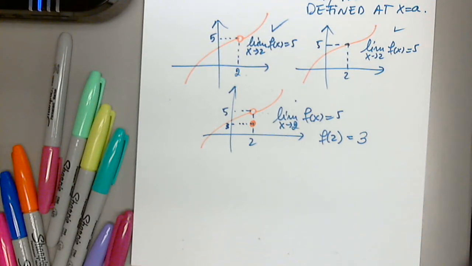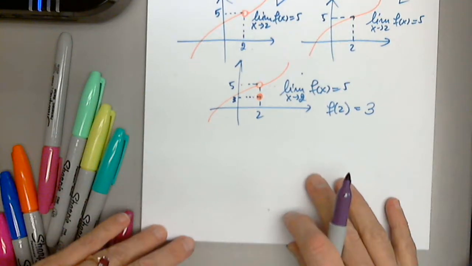Now, I would like to graph another piecewise defined function and answer some questions about limits. Is that okay with everyone? Yes. Okay, so let's look at number 64 on page 104.